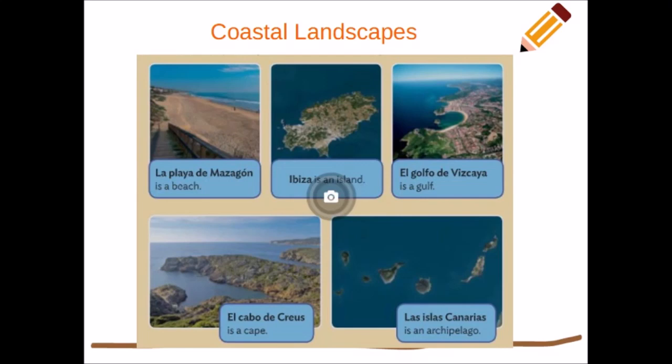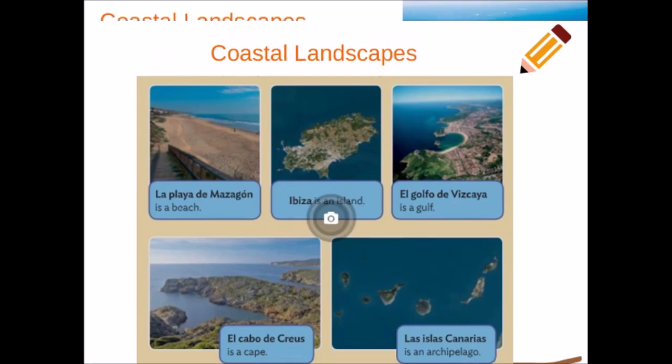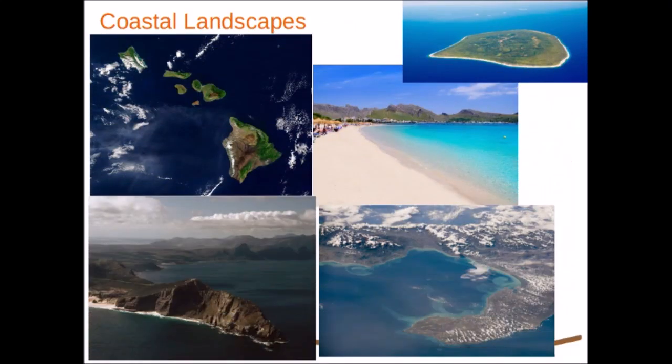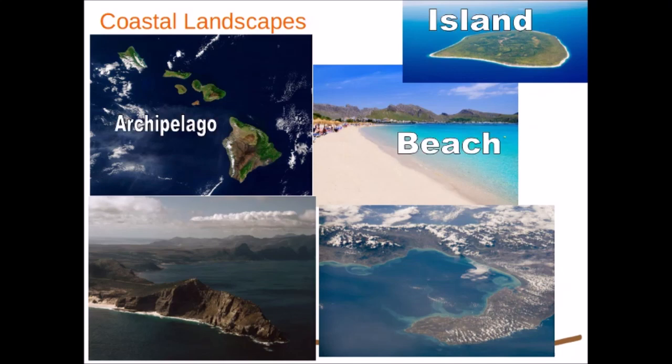A cape is connected to land and it kind of just sticks out. It's like if you put your leg out into the ocean, but you were made of land. And an archipelago. So that is a group of islands. Let's take a look at more examples. We have an island, an archipelago, a beach, a cape, and the Gulf.